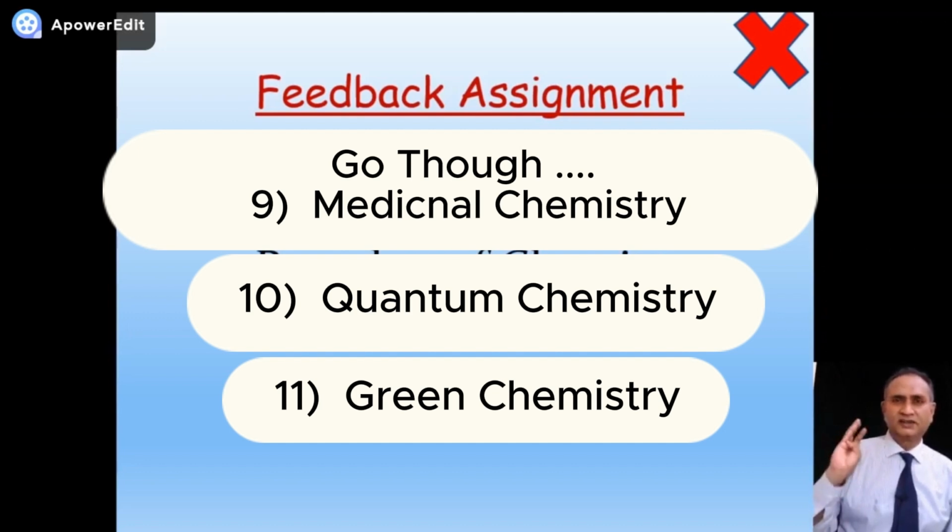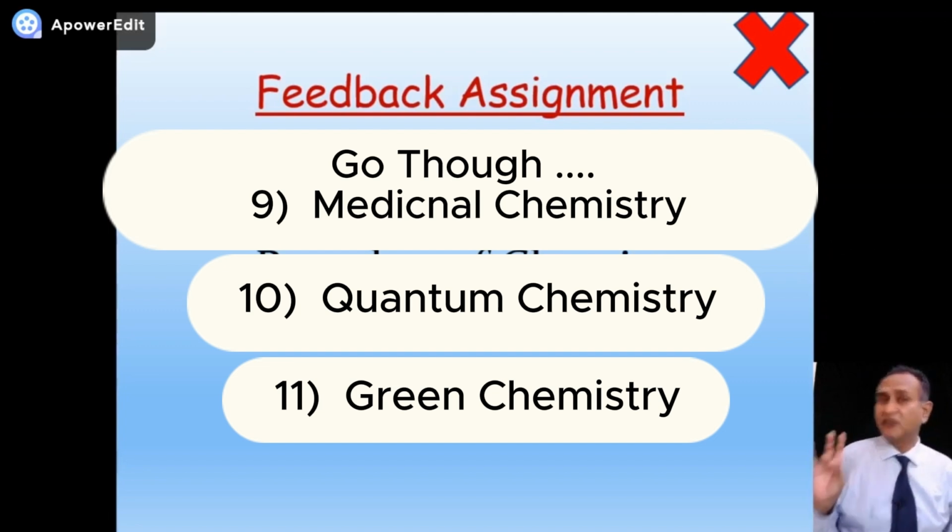Organic, study of hydrocarbons and its derivatives. Inorganic chemistry, study of all the compounds except organic compounds. Physical chemistry, study of laws and principles governing the changes, chemical changes. Analytical chemistry, method and techniques.